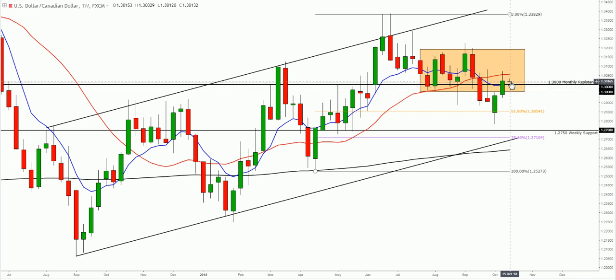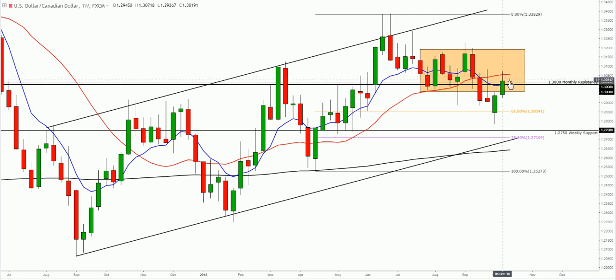So, I mean, upside scenario, after a retest of this monthly support, we may be seeing price head back towards this region, the upper region of the range, back around 1.3200 before potentially 1.3250.